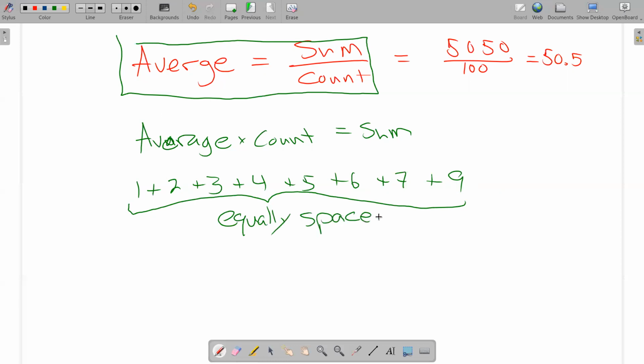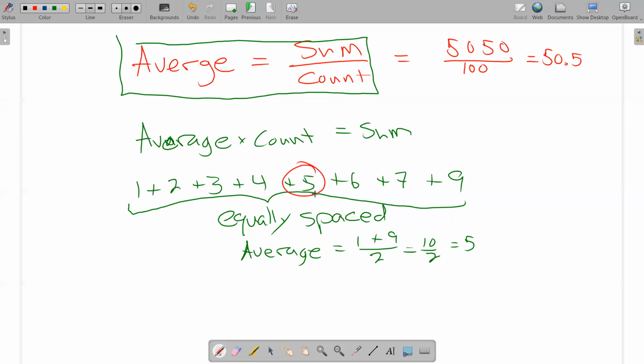They're all 1 apart. My claim is that the average of these numbers is the first term plus the last term divided by 2. 1 plus 9 is 10. Cut it in half, you get 5. And if we look at this list of numbers, we should be able to identify that 5 is the middle number.